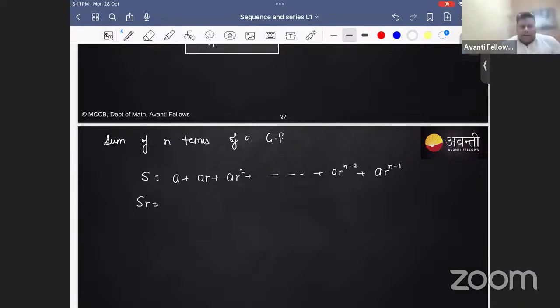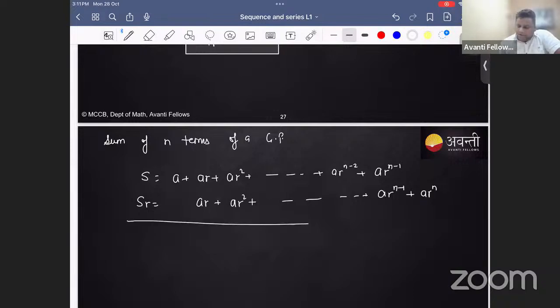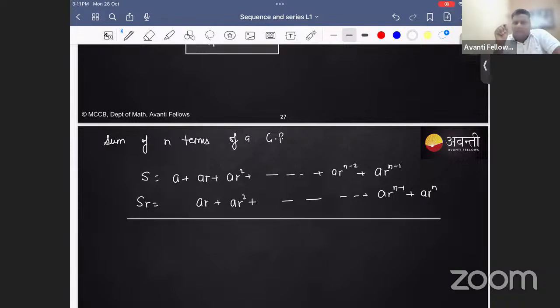Multiply this series by R and write the series again by pushing one term. So A multiplied will become AR, then AR square. This will go here, AR to the power n minus 1. This will go here, AR to the power n. Got it? So I multiplied the entire series with common ratio R and wrote this series again by pushing one term. Now you subtract both of them. Minus, minus, minus.